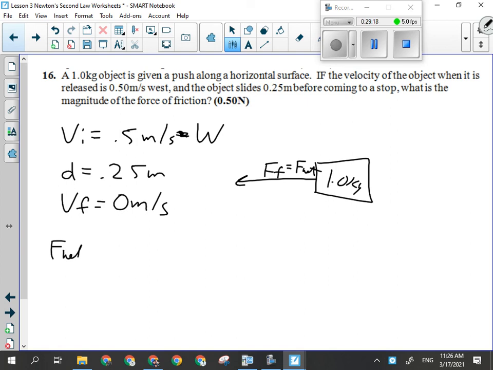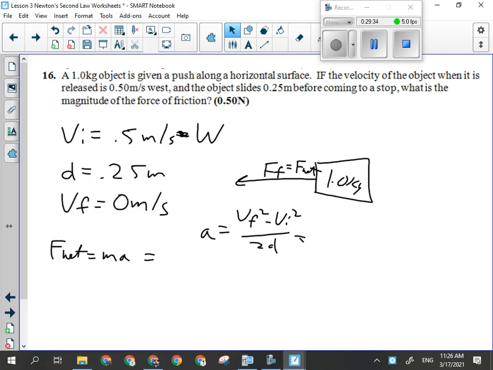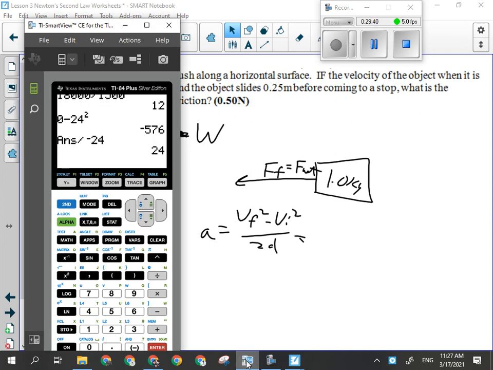Now F net equals m times a. I need acceleration, which I can get from this formula. Acceleration is Vf squared minus Vi squared over 2d. So where are our numbers here? 0.5 and 0.25.